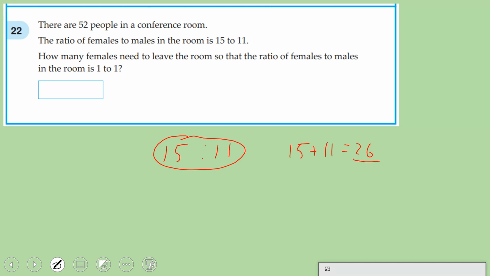I know that 2 lots of 26 make 52. If you didn't, you just need to get the 52 and divide by the sum of your two parts of your ratio, which is 26. 52 divided by 26 is 2. So we just need to double this. We need to times all of these parts by 2.